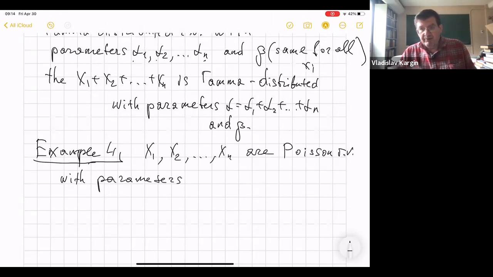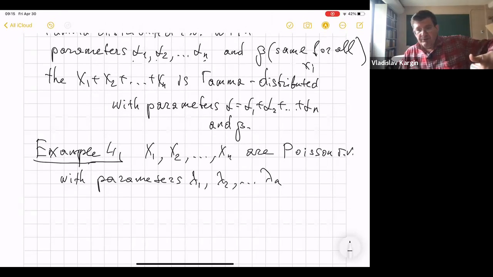Okay, so for every one it's parameter lambda 1, lambda 2, so on, lambda n. So these are the means of these random variables. A mnemonic is that it's about some accidents, right? The parameter lambda is the average number of accidents per unit of time, the mean number of accidents.